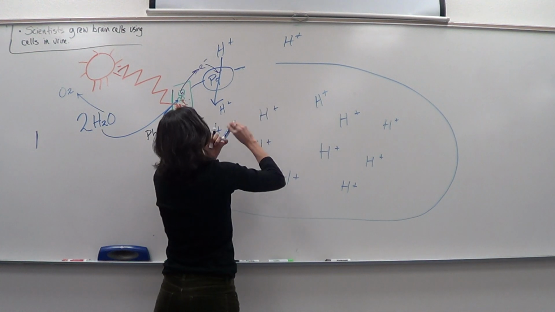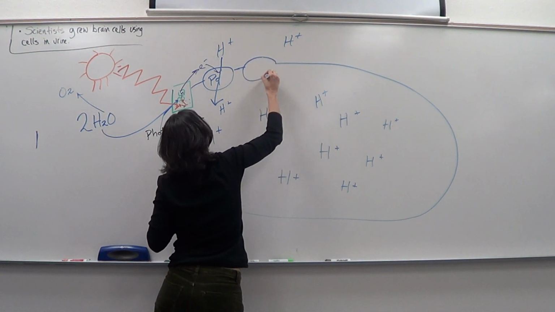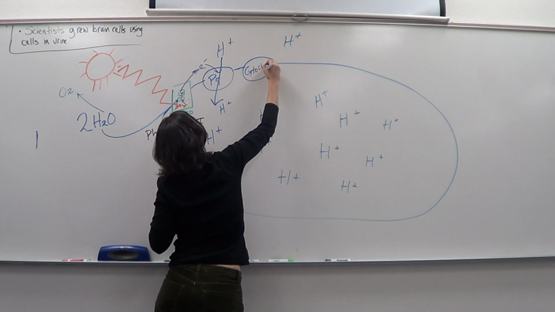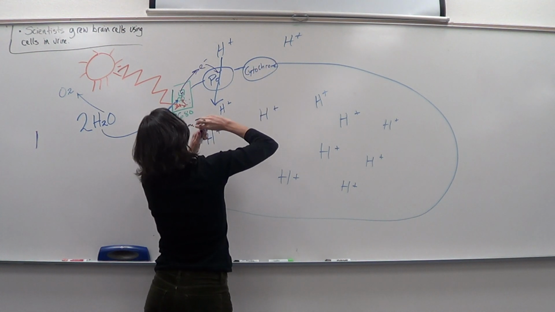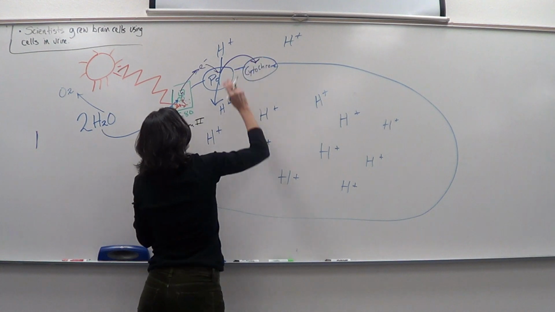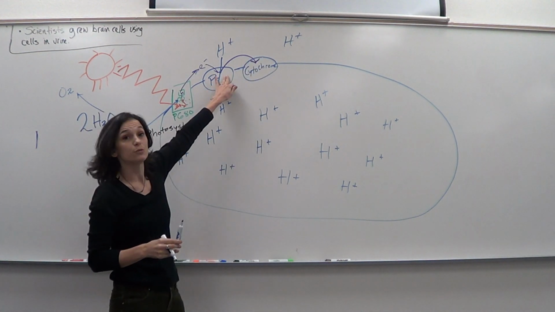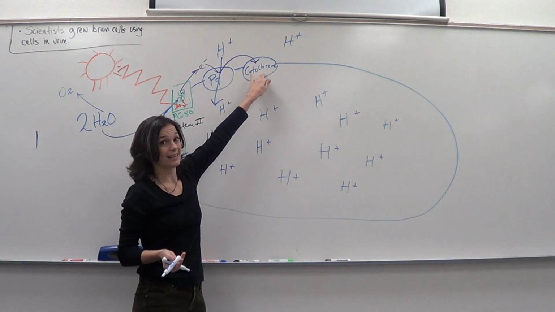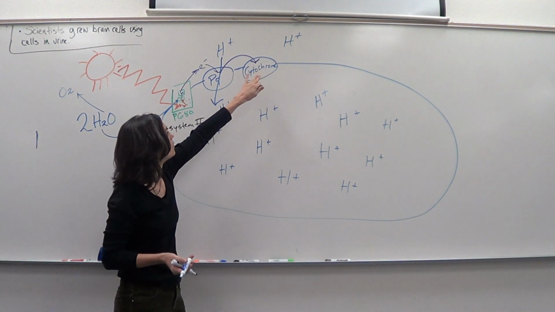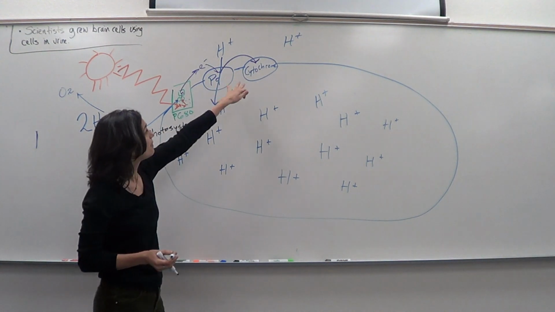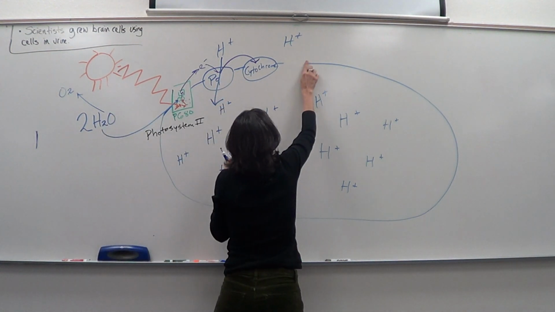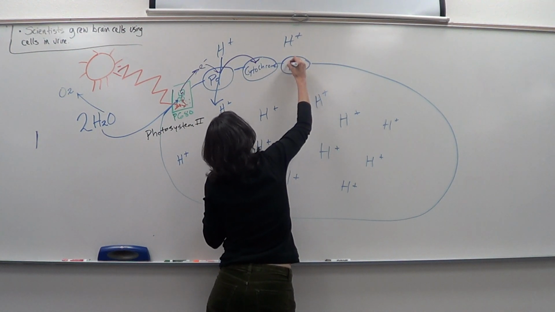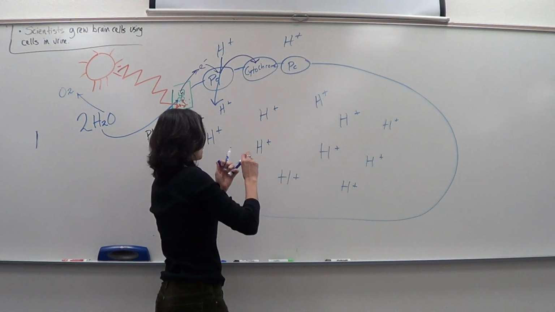This electron has more energy to give. So from there, it's going to pass it on to another protein called the cytochrome complex. And again, this one is losing an electron, so it's oxidized. The cytochrome is gaining an electron, and so it is reduced. And then cytochrome is going to do the same thing. It's going to pass it on to yet another protein, plastocyanin, which I'll abbreviate PC.